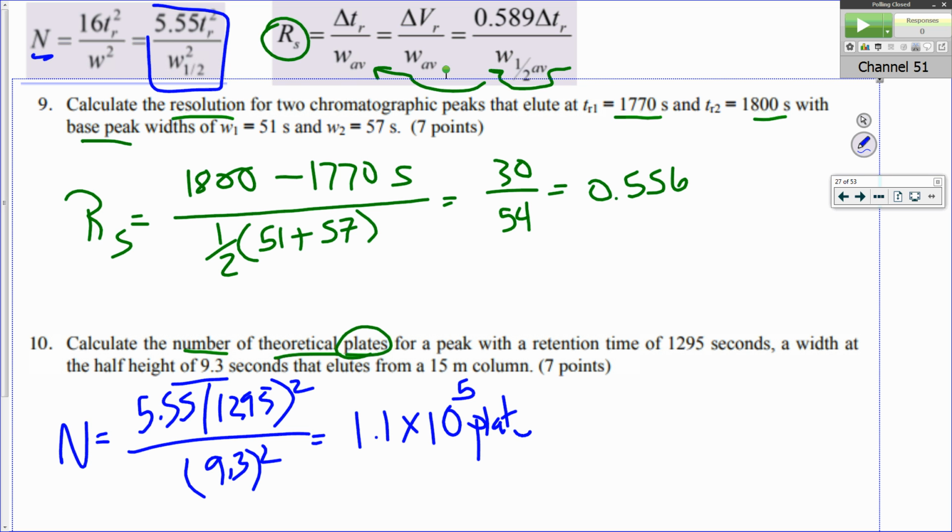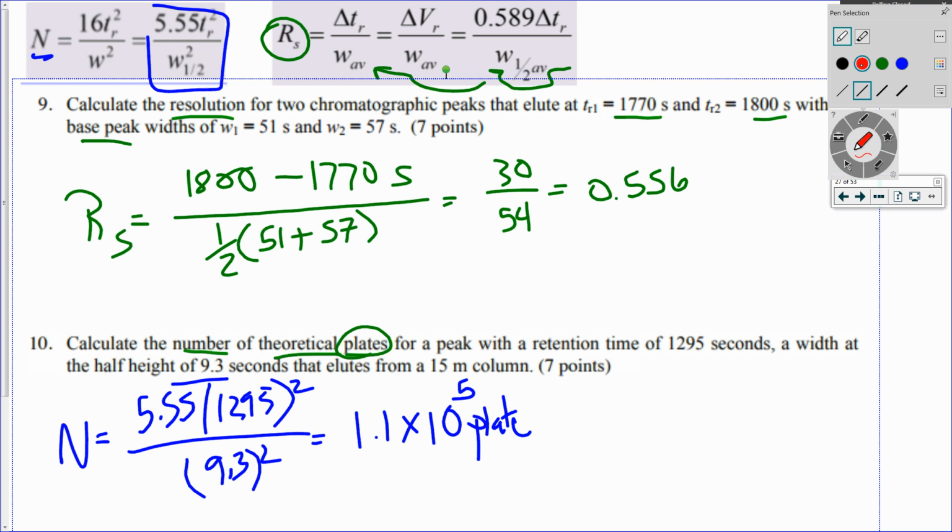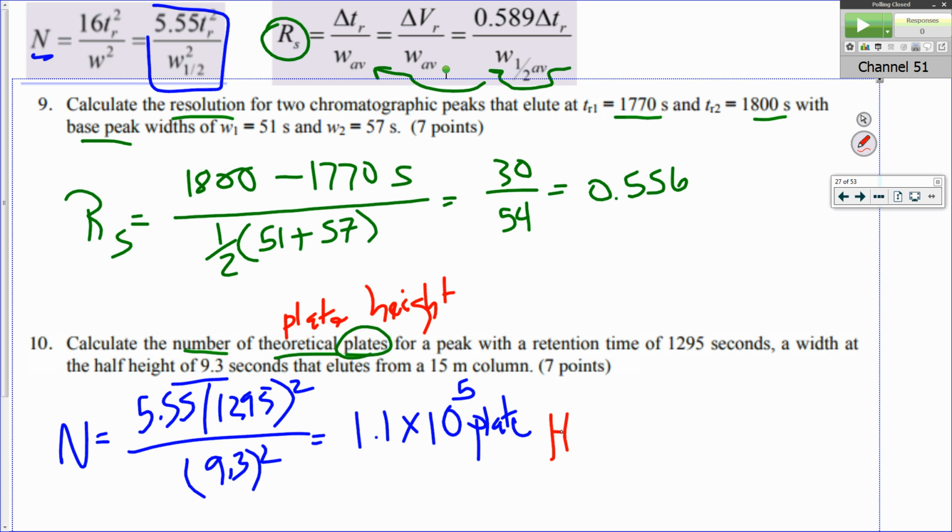All right, 1.1 times 10 to the 5th plates. That's the number of plates. Now if I were to ask you what is the plate height for this system, instead of asking for the number of plates, height is equal to the length divided by the number of plates.